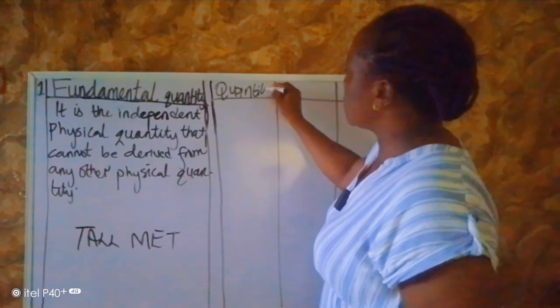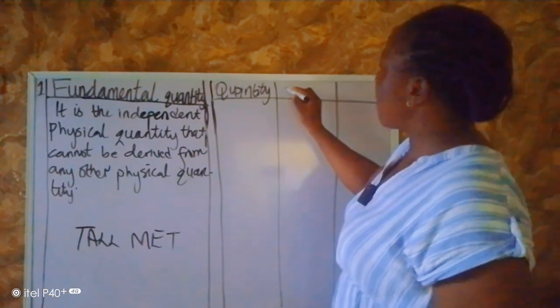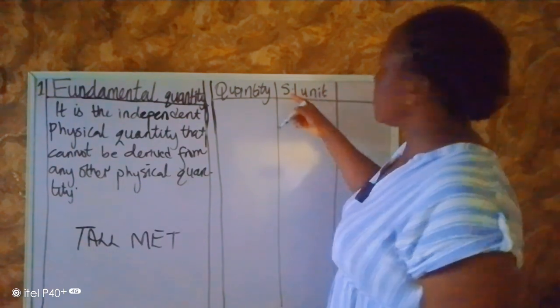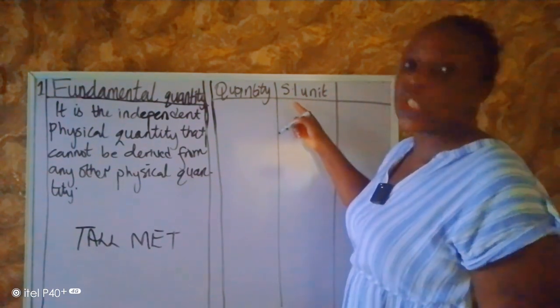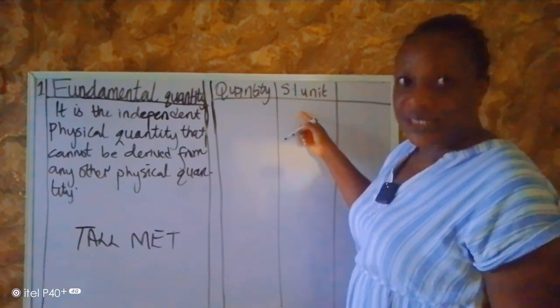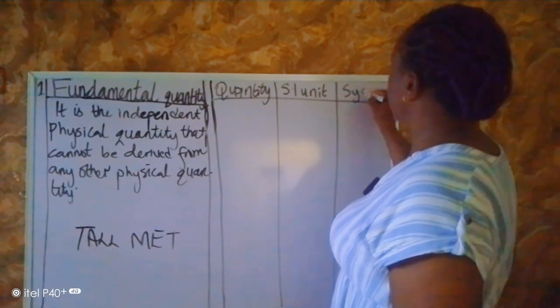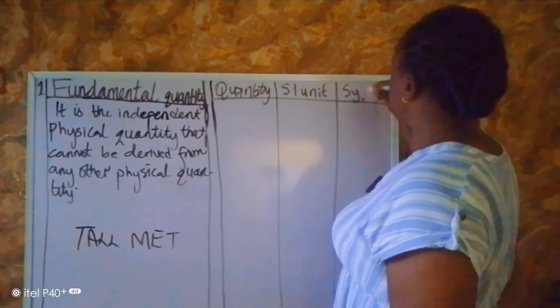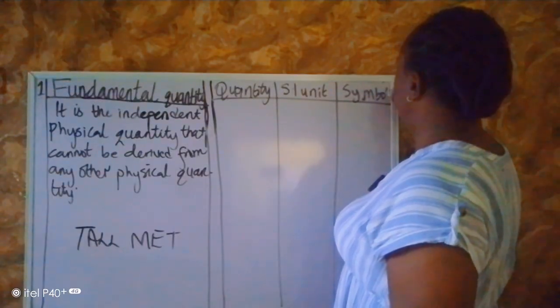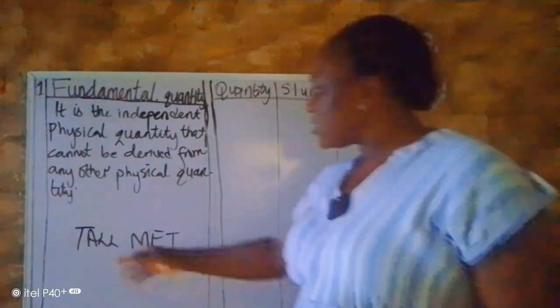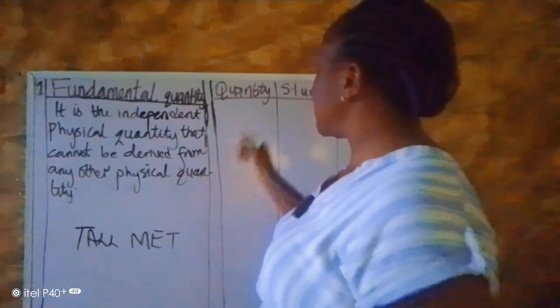We have our SI units, telling us that they are internationally agreed units people use. And this one is the symbol that we use to denote it. So wherever you see the symbol, you know what we are talking of. Okay, now we can start from TOMET.